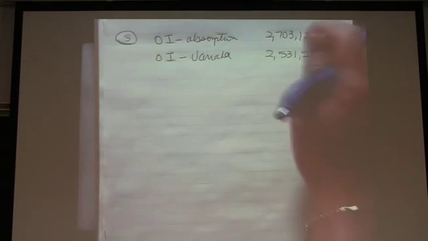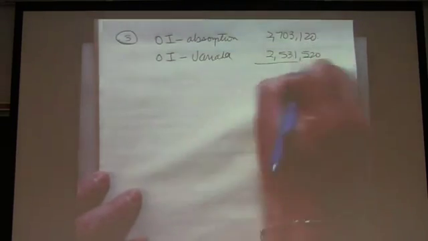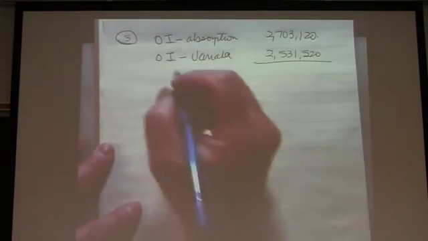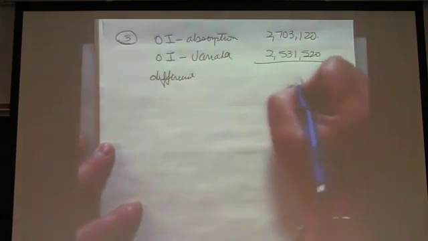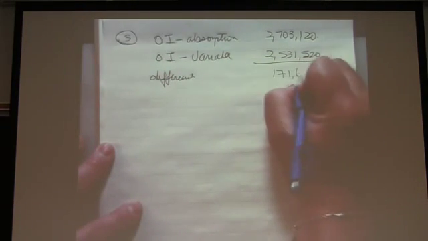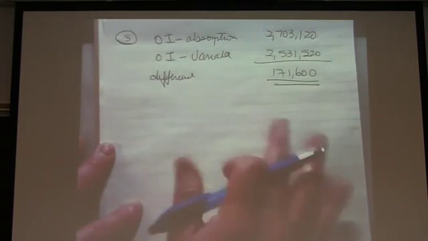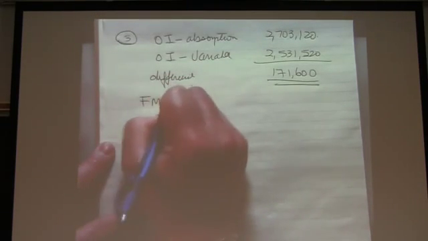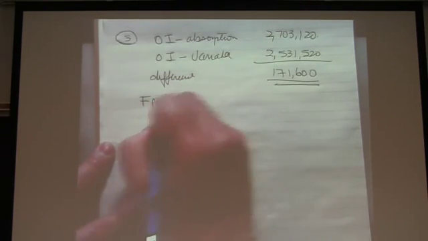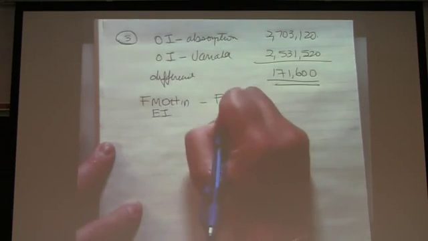And I expected this to be higher because we end up having an ending inventory of 1,040 units. So the difference is 171,600. That difference should be the fixed manufacturing overhead in ending inventory minus fixed manufacturing overhead in beginning inventory.